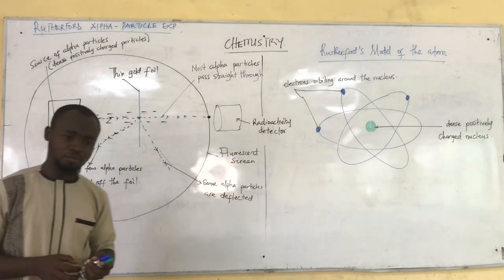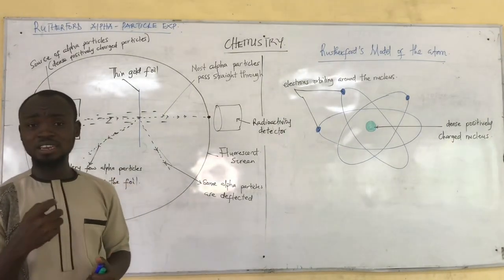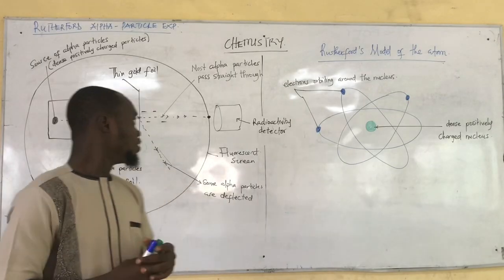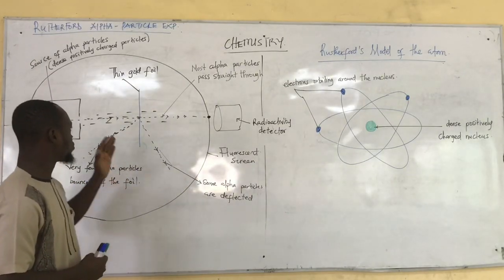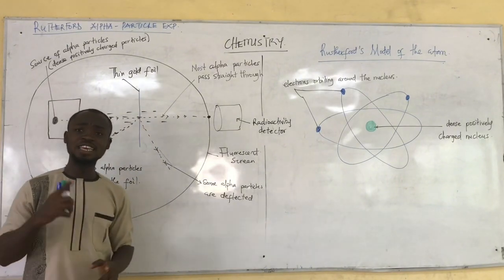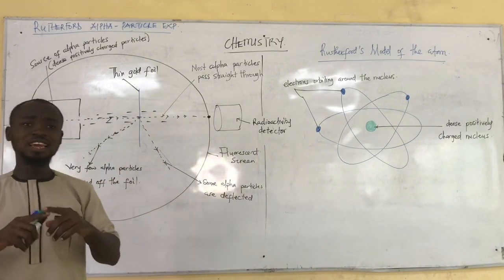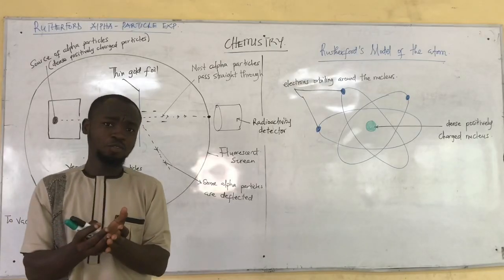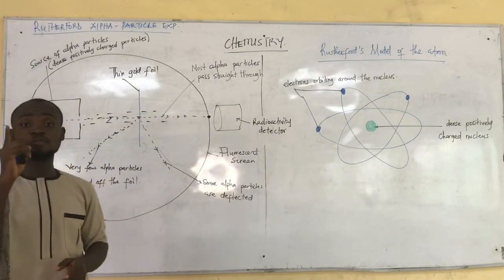After several reasoning, Rutherford came up with the idea that, one, the reason why most of the alpha particles were able to pass through the thin gold foil without any deflection suggested that the larger part of the gold atom is empty space.